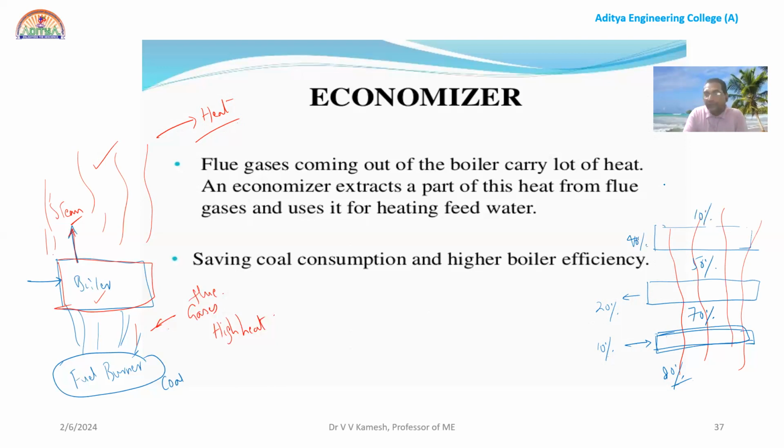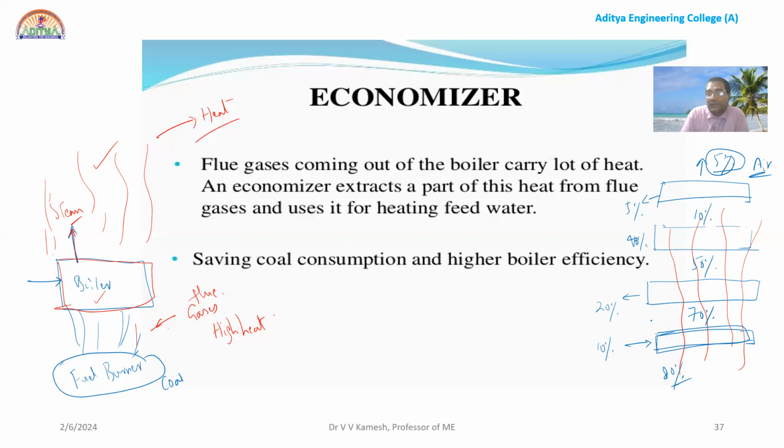I will put another system here, taking some 5%, so 5% will go to the air. So how much heat is extracted? From 80% to 5%, that means 75% of the heat is extracted, right?